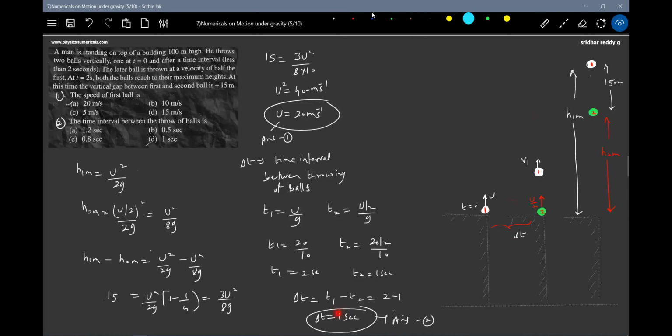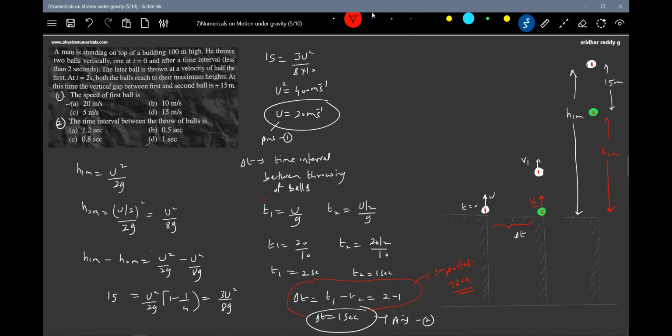This is, I think, a very important idea here. How you are writing this is very, very essential. The difference in the time of ascent will be the time interval between the throws.